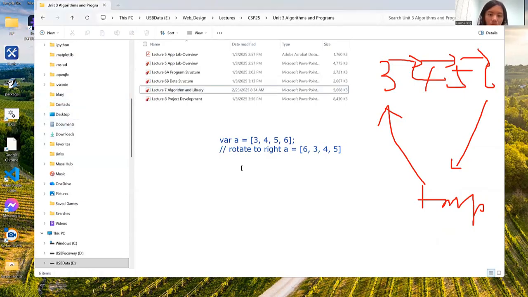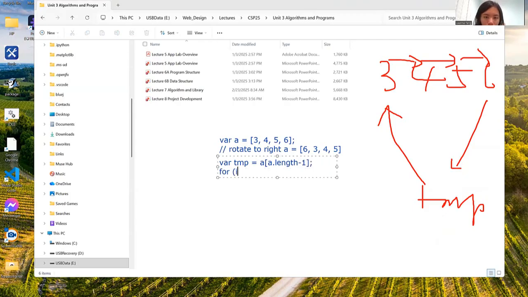Okay. So to do that, you do variable temp equals A[A.length - 1], or integer variable i equals 0, i less than A.length - 1, i increase.